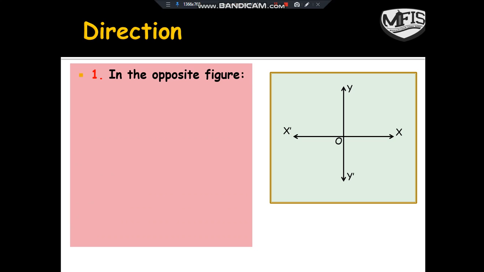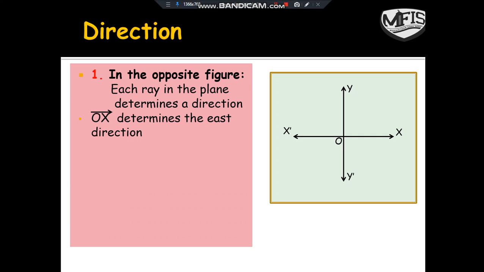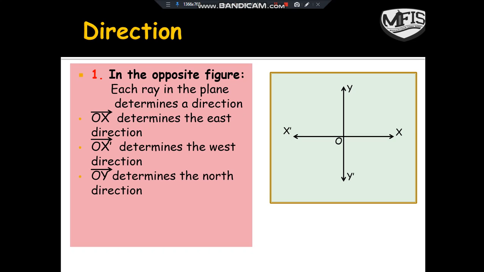So we have direction, so we are interested now in direction. In the opposite figure, each ray in the plane determines a direction. So OX determines the east direction and OX dash ray determines the west direction, and OY determines the north direction and OY dash determines the south direction.